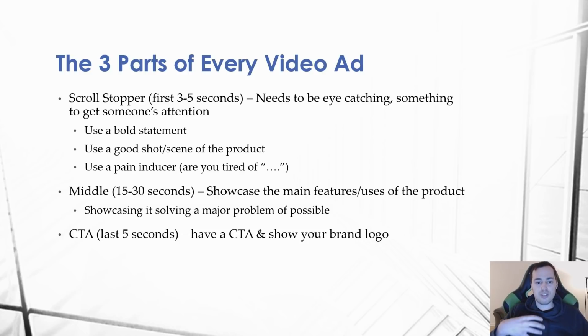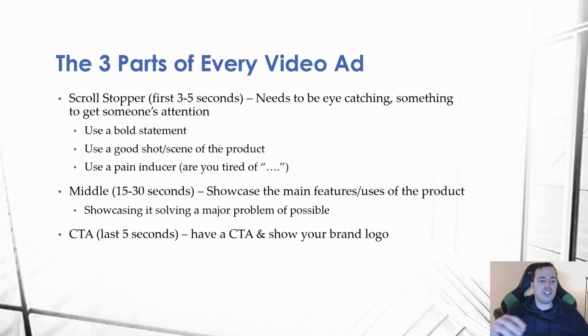We want to highlight the best, most useful features of the product, show the product actually being used, and showcase it in the most exciting way we can, since we really don't have that long to sell the person on clicking over to our website, where our landing page will do the rest of the selling. So that's going to be the middle section of the ad.